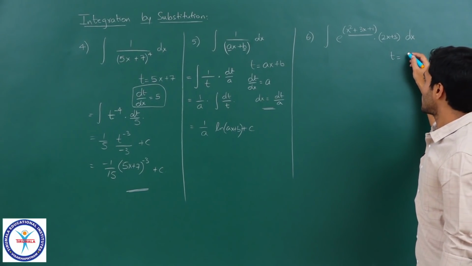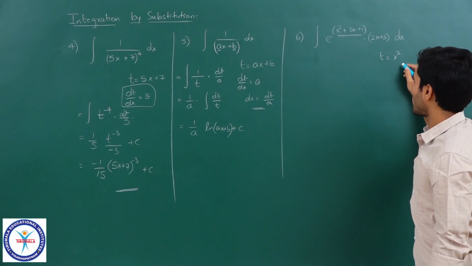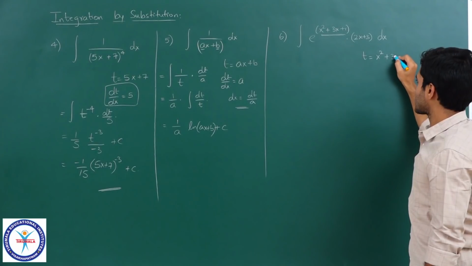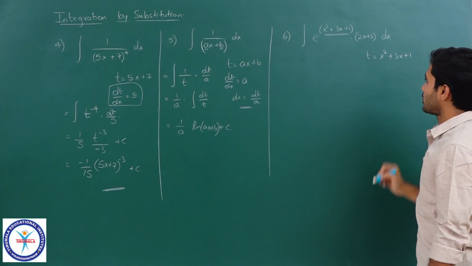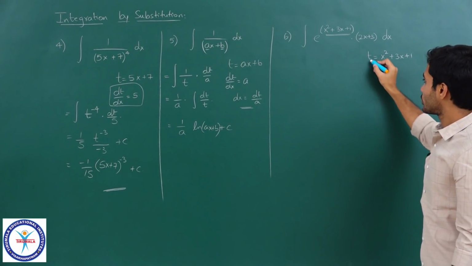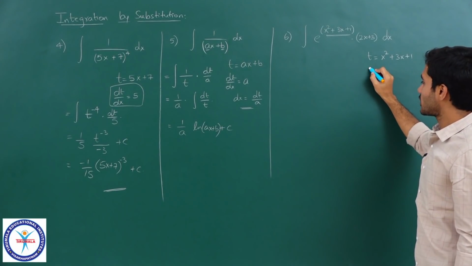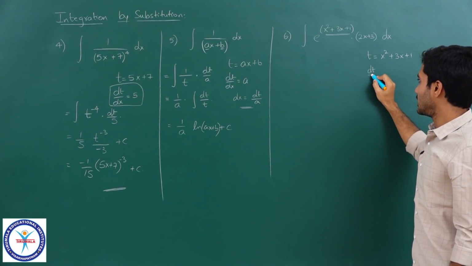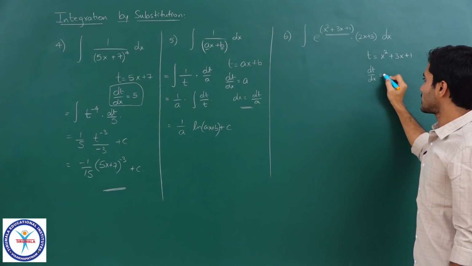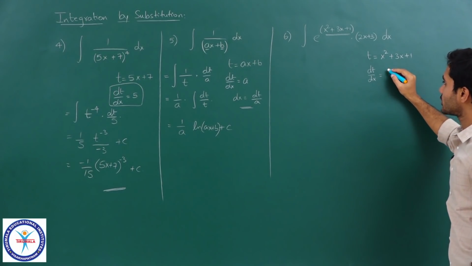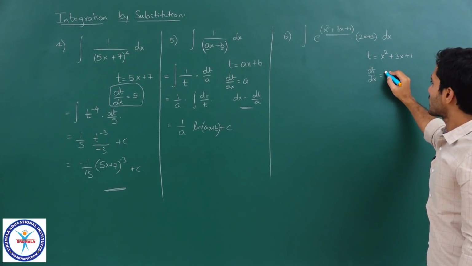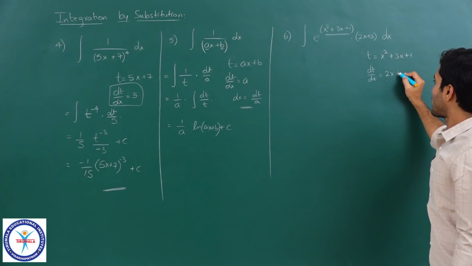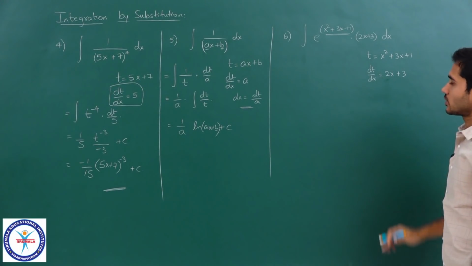So, I have t is equal to x square plus 3x plus 1, right students. So, now what do I do? If I differentiate this with respect to x, I would be getting dt by dx is equal to, what is this value here? 2x plus 3, correct.